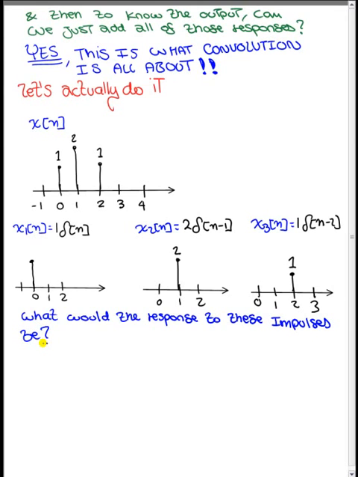And here is where the linearity and time invariance come into play, right? We told you that these are LTI systems, but we never mentioned it again. Okay, here is where they become important.